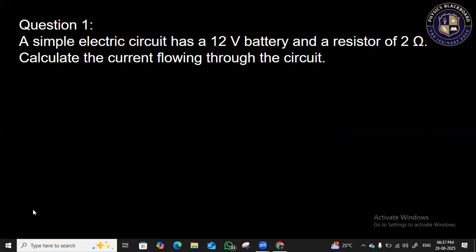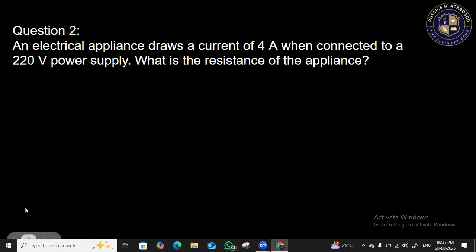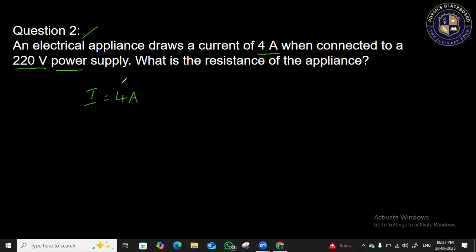And we will see one more numerical related to this concept. Let's see question 2 now. An electric appliance allows a current of 4 amperes when connected to a 220 volts power supply. Here the power supply is nothing but a battery, so we can say that the potential difference is 220 volts. What is the resistance of the appliance? What formula can you write here?